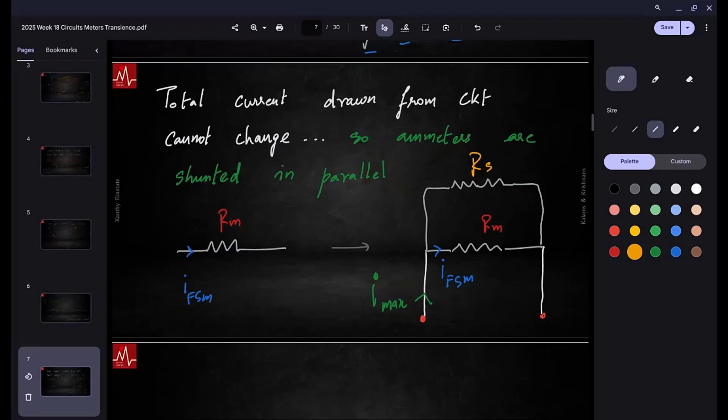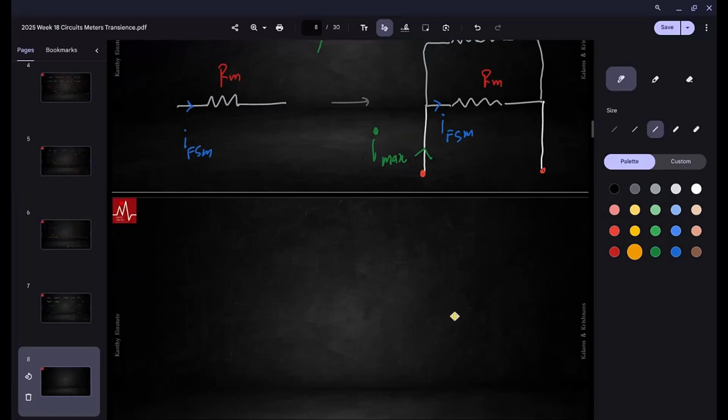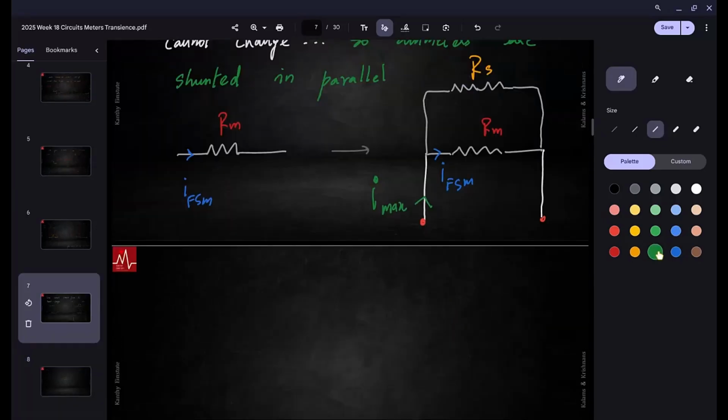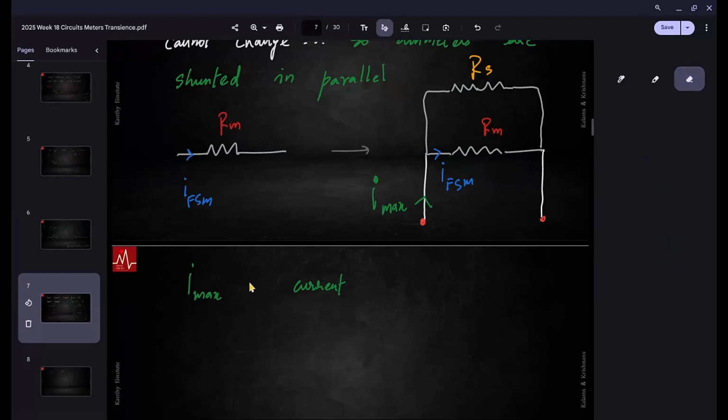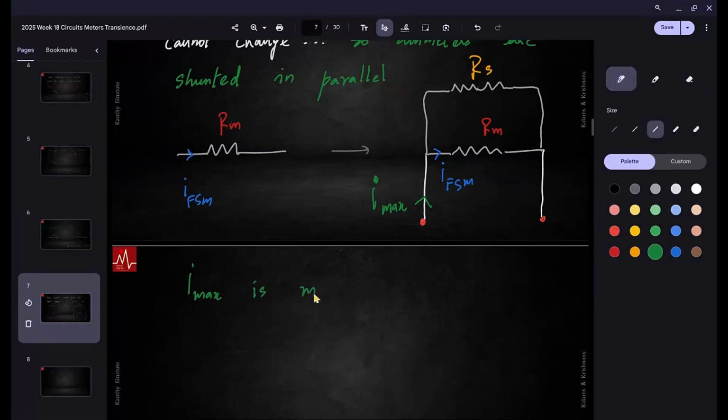So Imax is the maximum current in the measurement range.